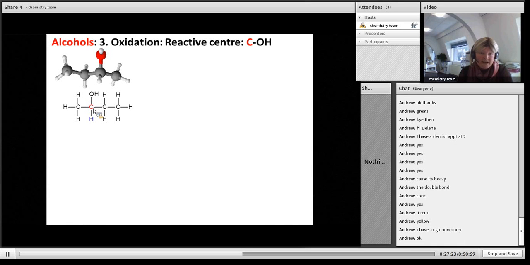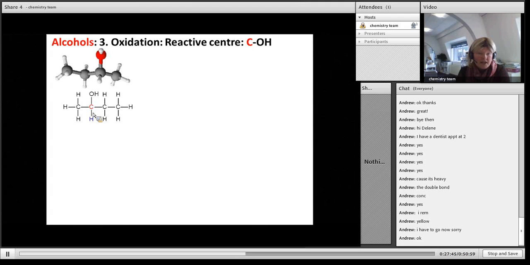If it has a hydrogen attached, as in this case, there it is, if it has a hydrogen attached, then that carbon can be oxidized. Now, in organic chemistry, we don't really worry too much about oxidation numbers and so on. We see oxidation as removing hydrogens or adding oxidants.